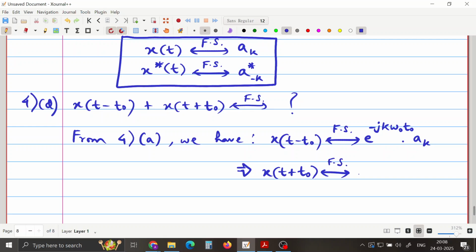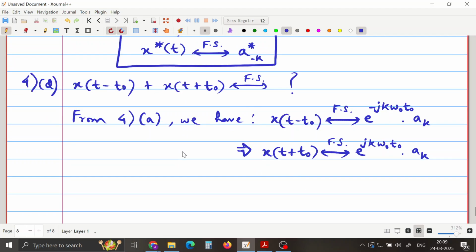Okay. So what do we have here? It is simply e power jk omega naught t naught into a_k. Now all we need to do is add them together and use linearity to find the overall Fourier series coefficient. So x of t minus t naught plus x of t plus t naught has a Fourier series coefficient given by the sum of these two individual coefficients.